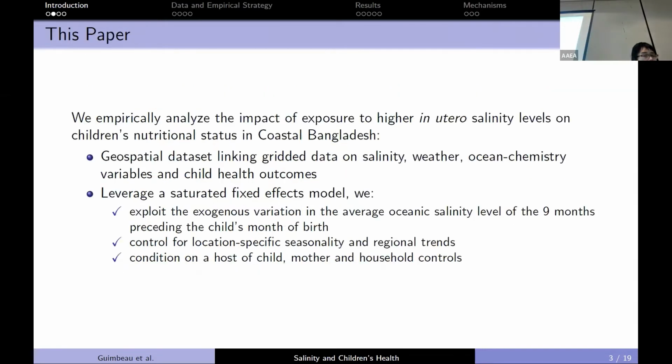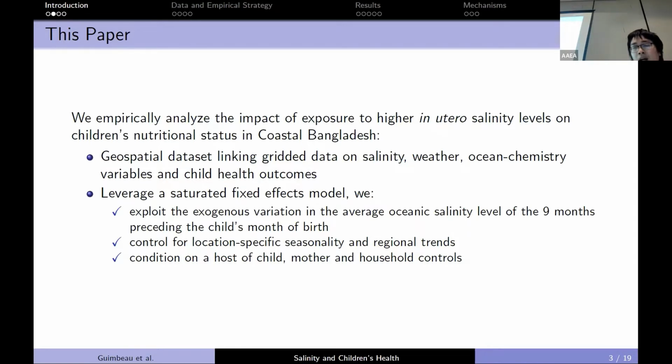Now, what we are going to do here is this. We're firstly going to do an impact analysis to see what is the effect of in utero salinity exposure, which is when the child is still in the pregnancy period and the mother is exposed to higher salinity levels.